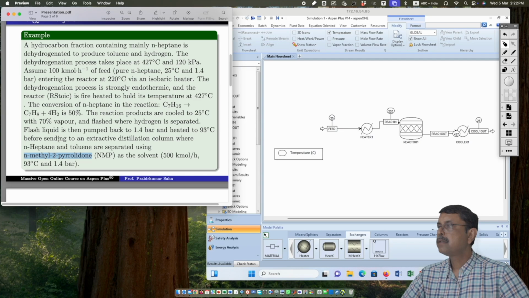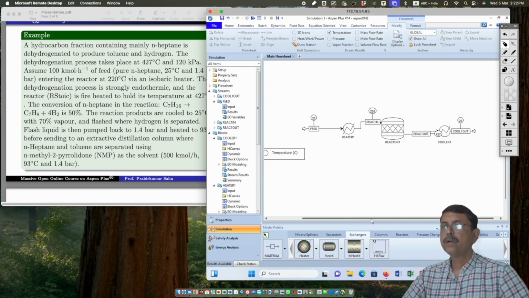Now, next part, the reaction products are flashed where hydrogen is separated, and flash liquid is then pumped back to 1.4 bar and heated to 93 degrees centigrade before sending to an extractive distillation column. So we need a flash tank, a pump, and a heater, all in series.